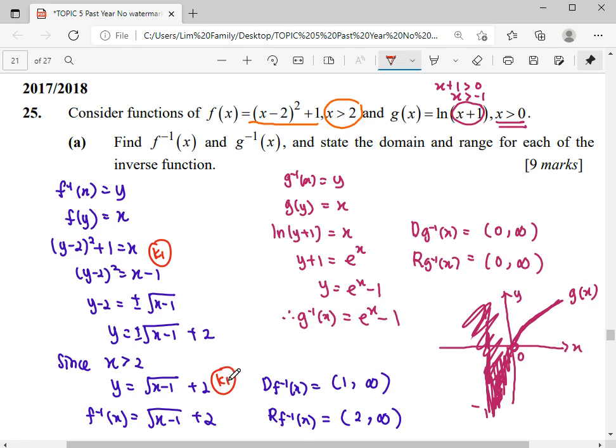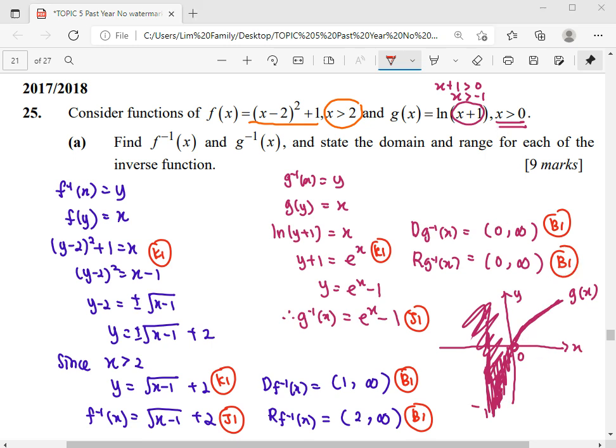So select the correct part and then get to the inverse function. And then this is the domain and range. So for ln, the inverse function will be easier, but the domain and range is a tricky part, because they already cut off some part of the graph to ask us to find the domain and range.